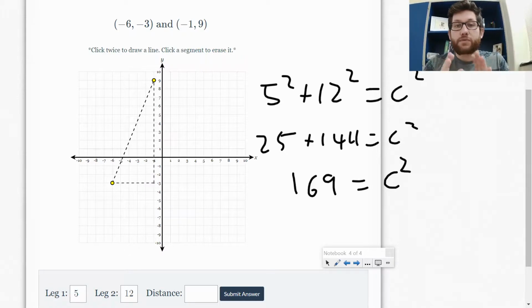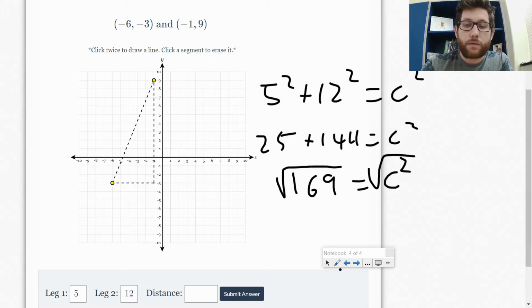Now, one place where kids go wrong a lot of times is they want to say, oh, I've got my answer, it's 169. But ask yourself, does this line look like it's 169 blocks long? No, that's way too long, right? So remember to do your square root, okay? So square root, and we should end up at 13 as my hypotenuse.